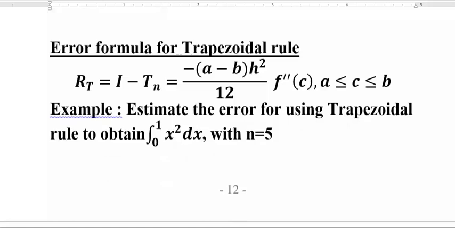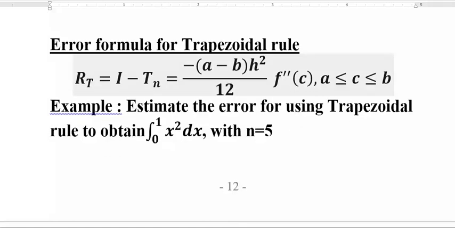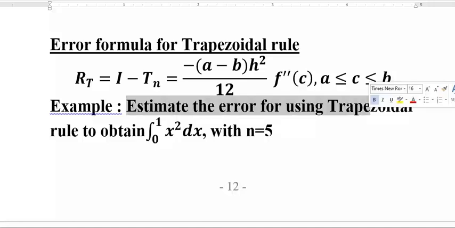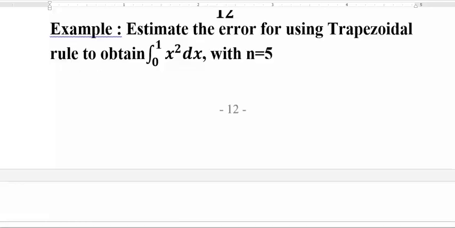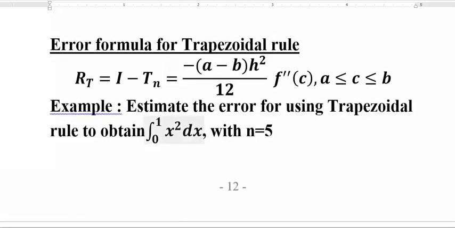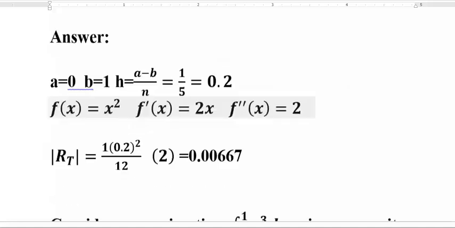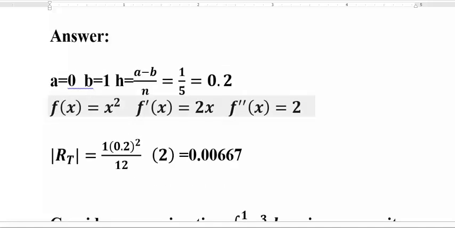Here is the error: minus b minus a times h square over 12 times f double dash of c. If we want to estimate the error, we apply this rule with n equal 5 and h equal 0.2. Here he gives me the exact function, which is x square. So f of x equals x square, f dash equals 2x, and f double dash equals 2.